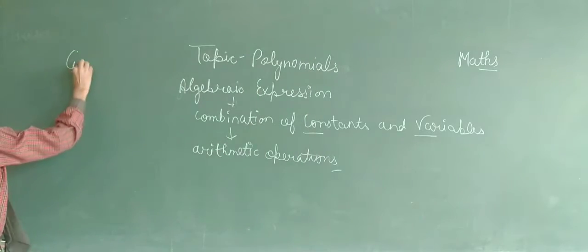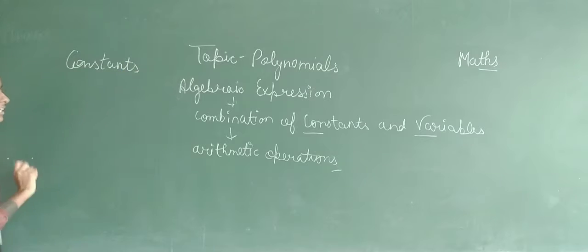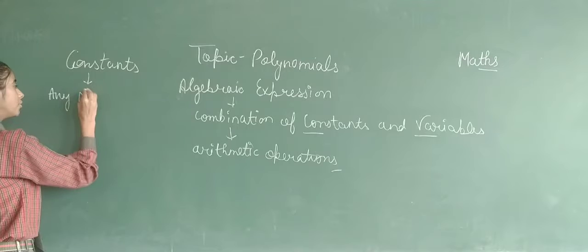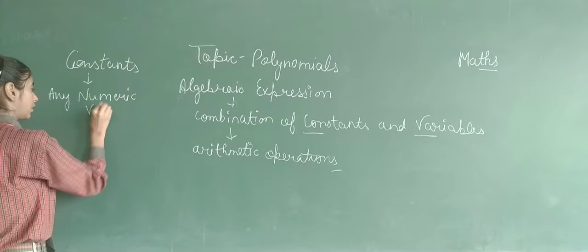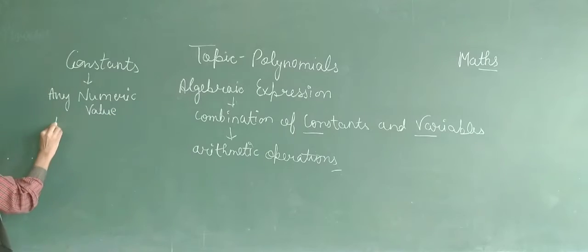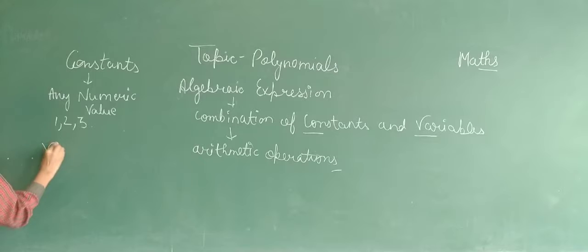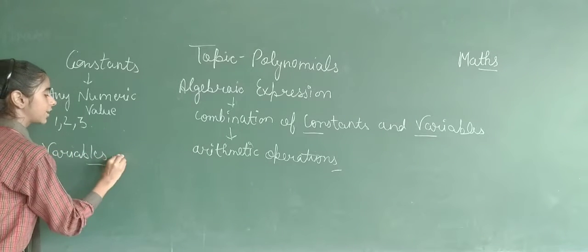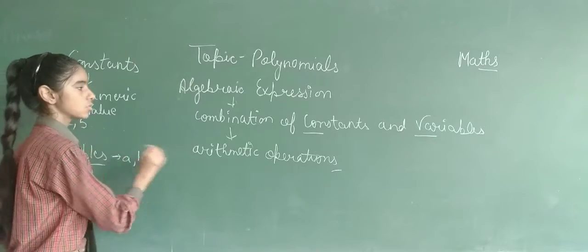Constants may include any numeric value. For example, 1, 2, 3 and so on. Now variables. Variables include A, B, C and so on.